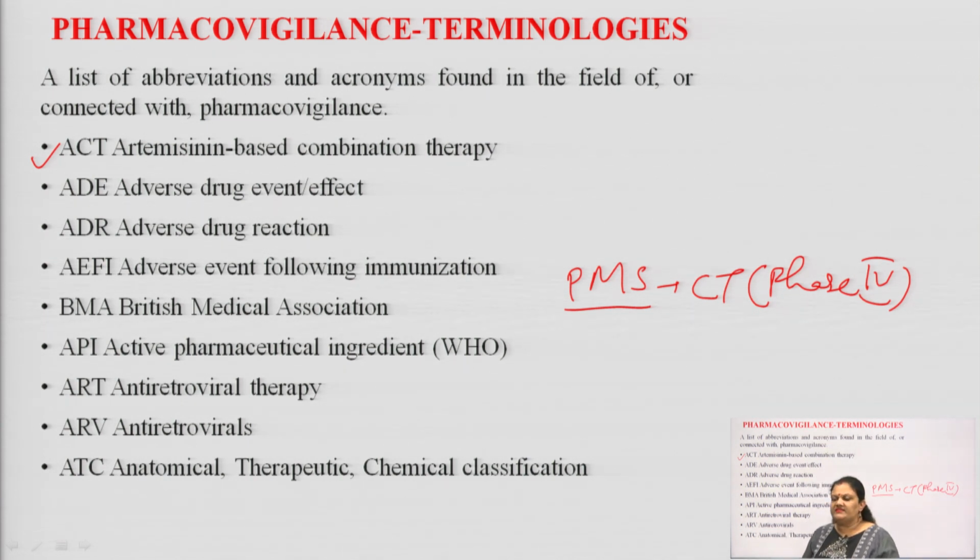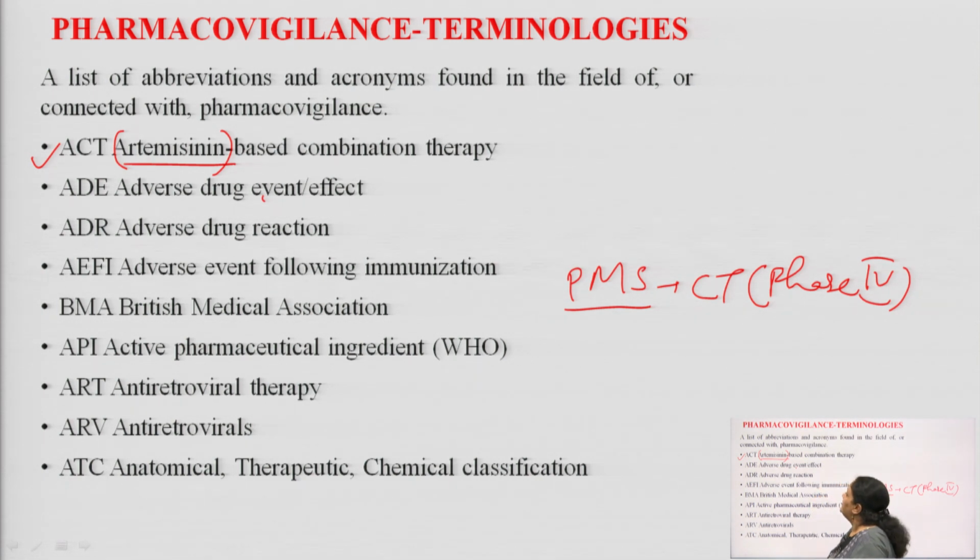Artemisinin is a widely used drug of the anti-malarial category. I hope you know Plasmodium falciparum is the causative agent of malaria. For the treatment of malaria, in subchronic or chronic conditions, patients are treated with Artemisinin prolonged therapy.